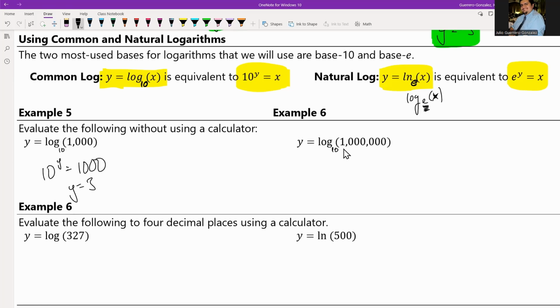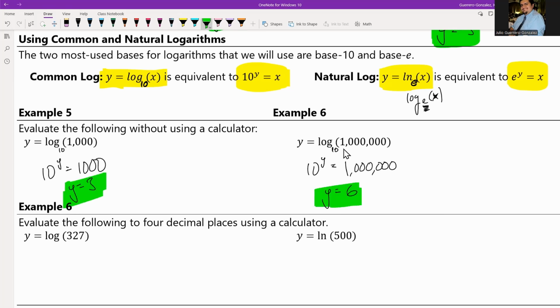For the next one, I can assume that that's a 10. 10 to the y is equal to 1 million. If you multiply 10 by itself multiple times, the number that you're going to look for is 6. So 10 to the 6 is a million. Let me highlight my answers here.